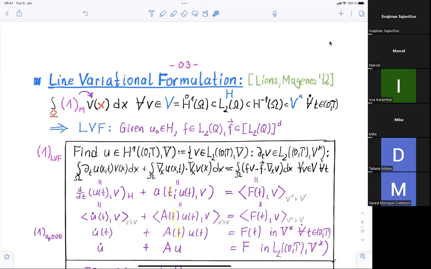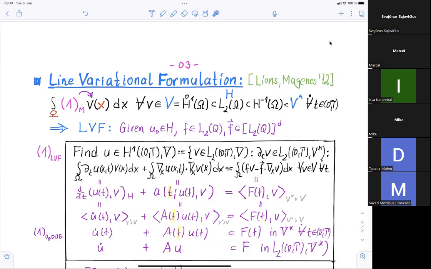So this is a bilinear form, now as in the elliptic case. In general, it can depend on t. If the coefficients depend on t, this is called a non-autonomous parabolic problem, which generates an operator mapping this space V to V star.